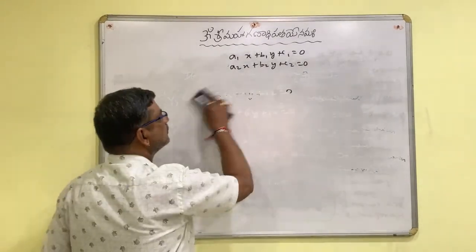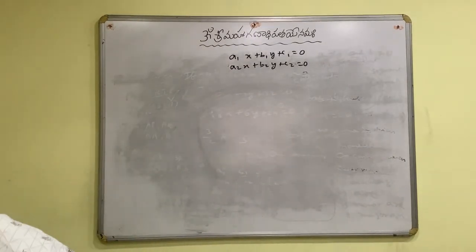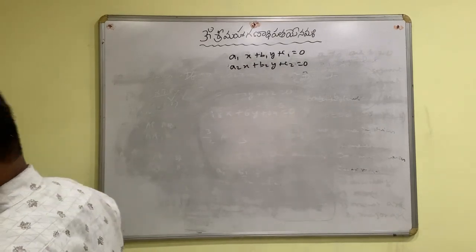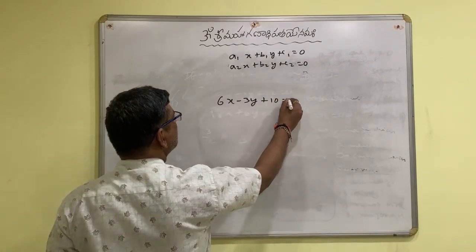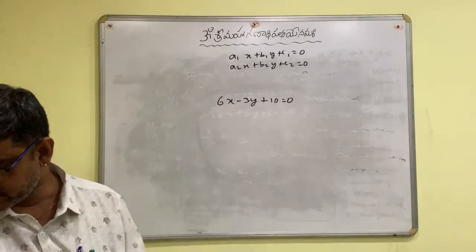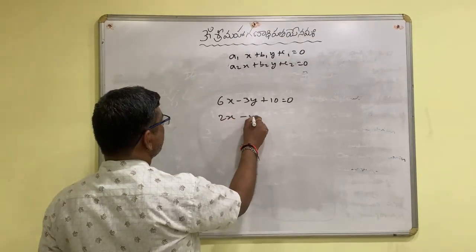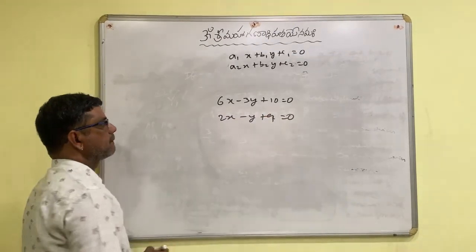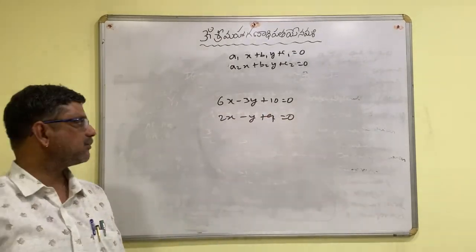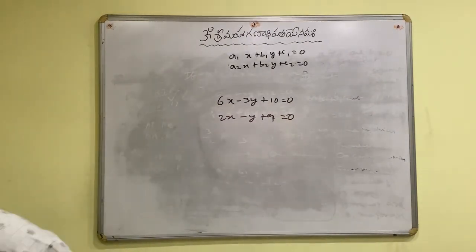Next one. x minus 3y plus 10 is equal to 0. 2x minus y plus 9 is equal to 0. What about this pair?